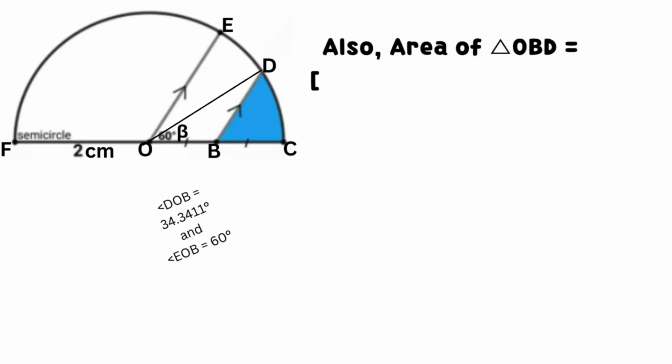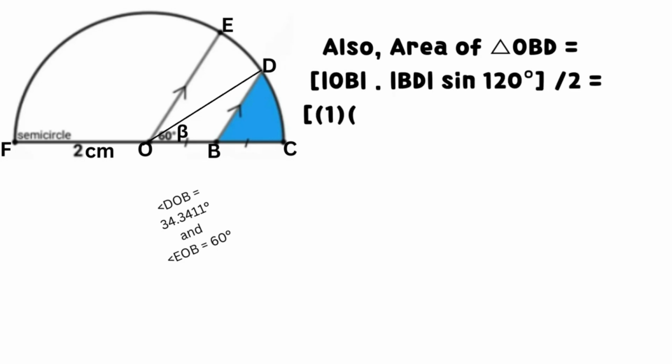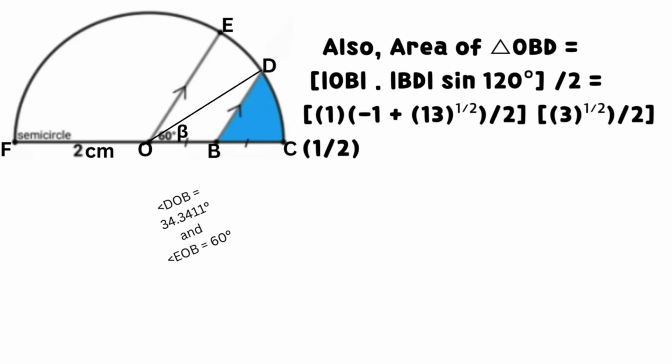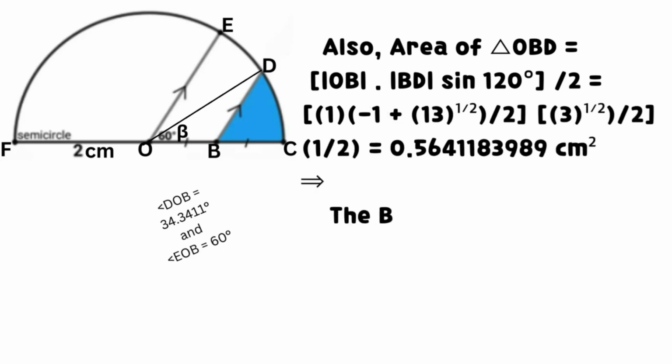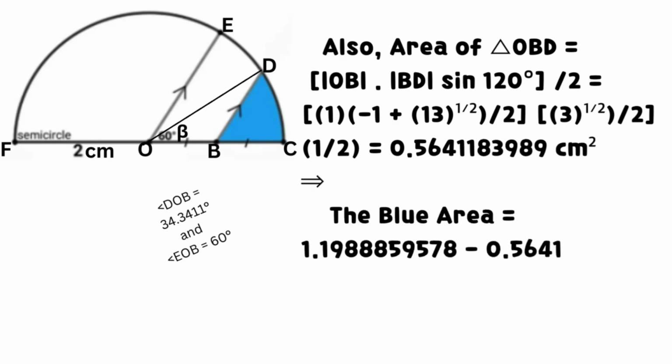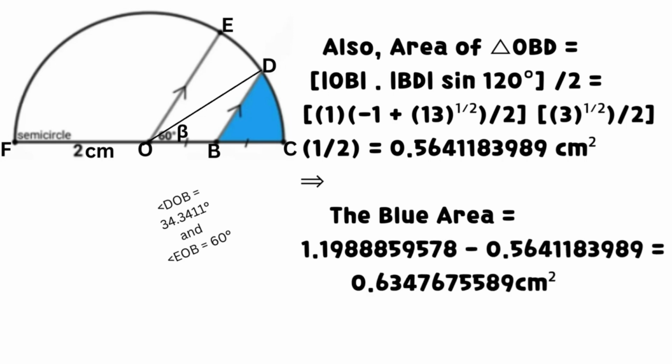Also, the area of triangle OBD equals half the product of line OB, line BD and sine 120 degrees, which equals 0.564118398 square centimeters after substitution and simplification of values.